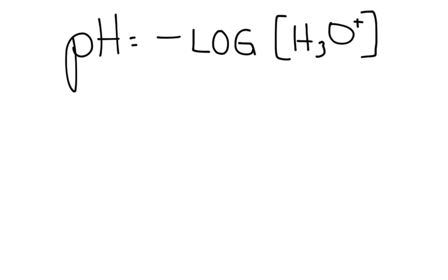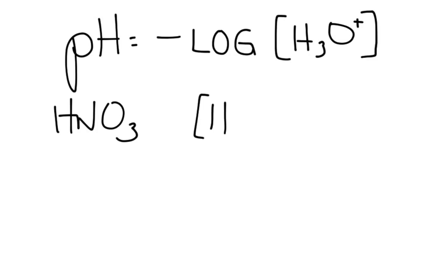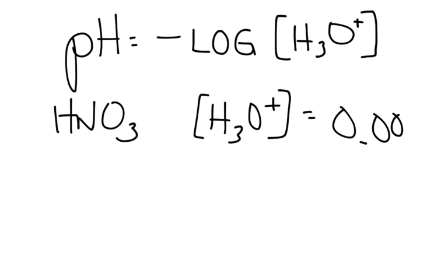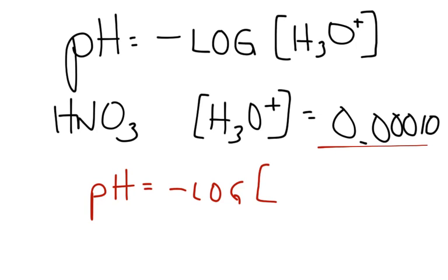Okay, your hydronium ion concentration. You need to know this formula. So, if a question, there's one on your PowerPoint, asks what is the pH of an HNO3 solution with a hydronium ion concentration of 0.00010, then when you plug it in, pH is equal to the negative log of 0.00010.